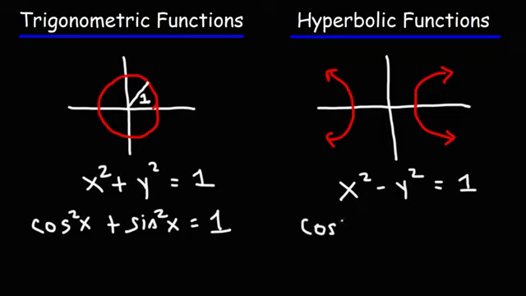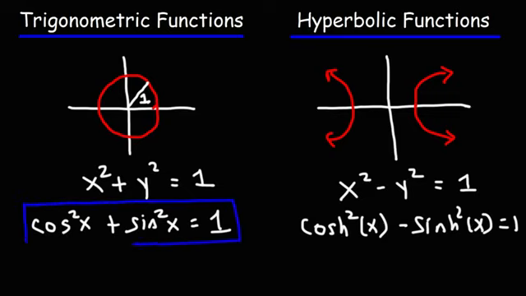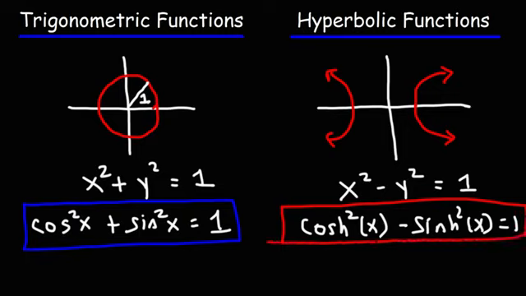It's hyperbolic cosine squared of x minus hyperbolic sine squared of x is equal to 1. Notice the similarities. This equation corresponds to this equation here, the equation of a circle. This equation corresponds to the equation of a hyperbola.